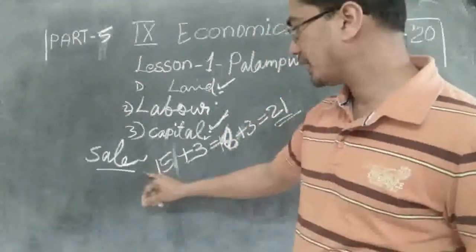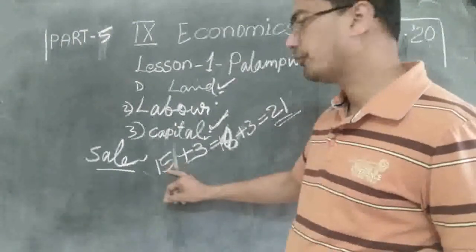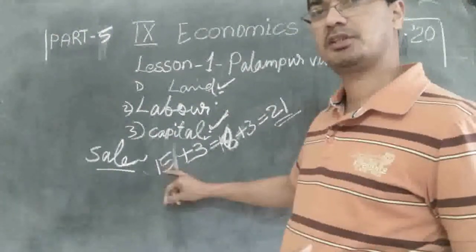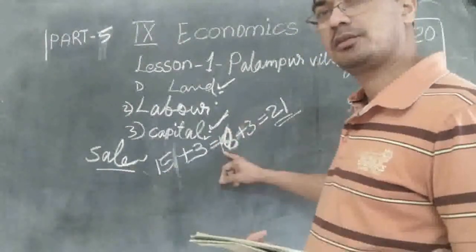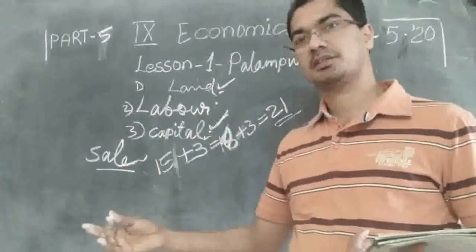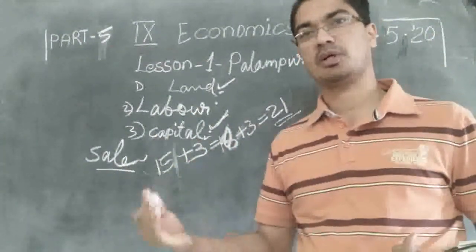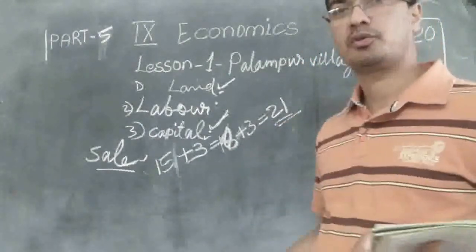So the farmer originally sells to the businessman the wheat for 15 rupees. Then the businessman sells it to the shopkeeper for 18 rupees. Then the shopkeeper sells it to the landless farmers and others in the town, who do no cultivation, for 21 rupees.